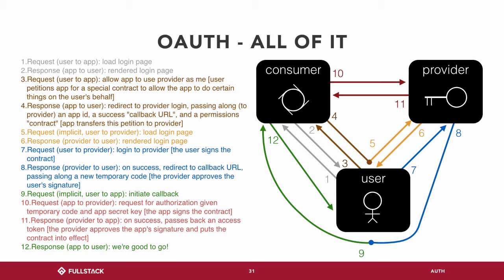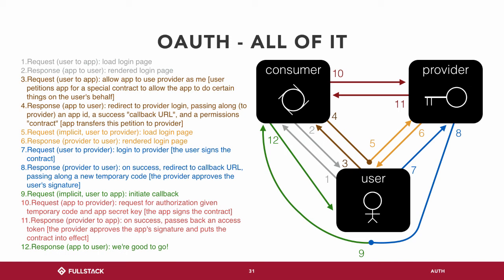So we're going to go back to the user, but we're just going to go back to the user with a redirect. The user's not going to see anything from us at that point. They're just going to end up seeing a redirect to us. And so step five, the reason why we say implicit is that this is nothing that the user is doing to initiate this, right?